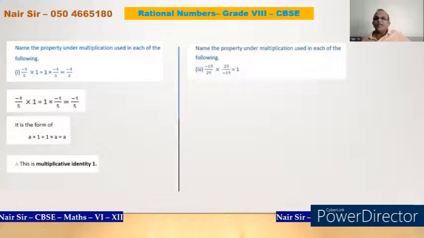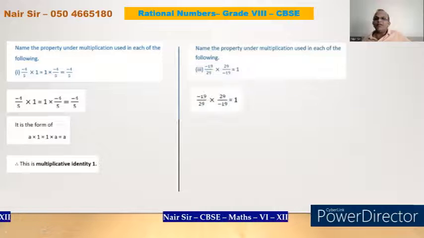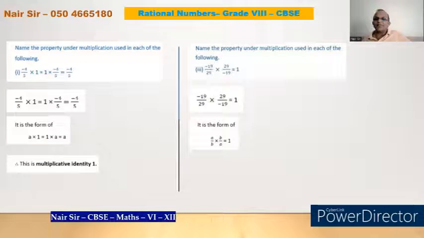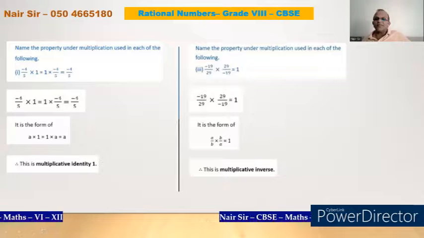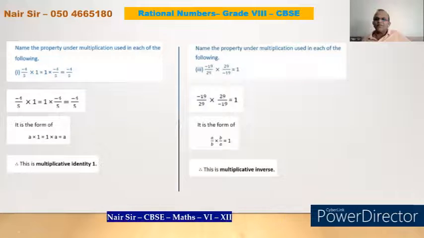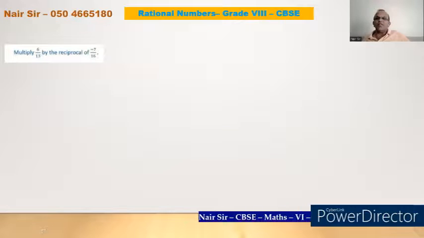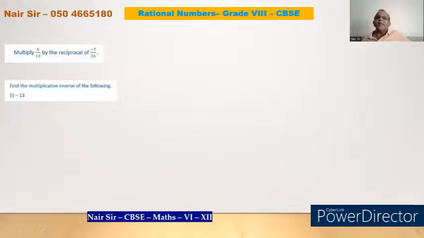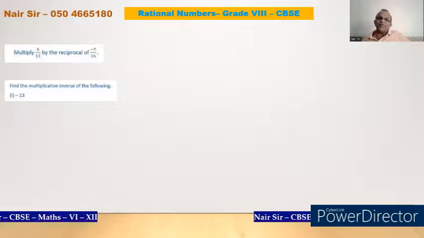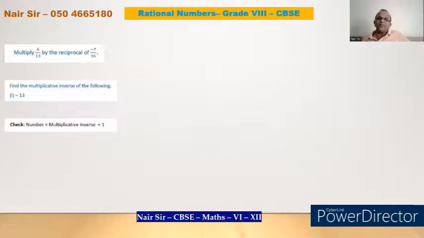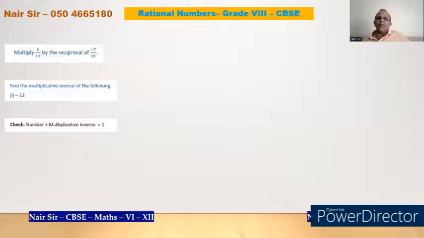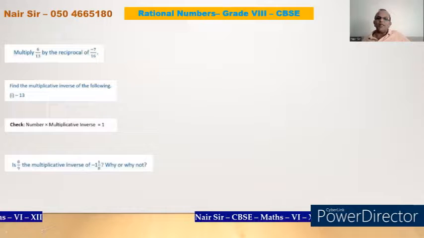Name the property used in this. Multiply this by the reciprocal of this. Find the multiplicative inverse of the following. Check number multiplied by multiplicative inverse is equal to 1.